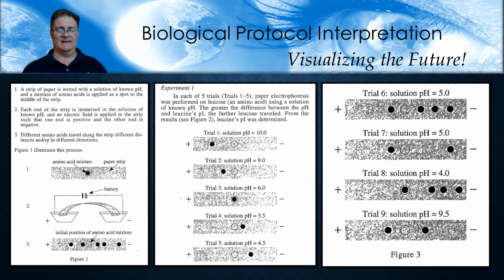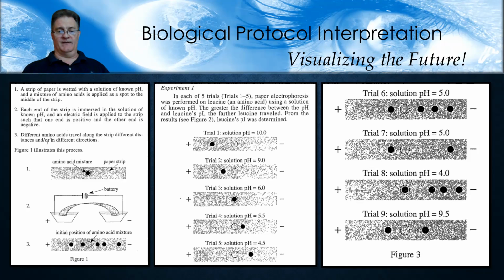That's the overall idea. Just keeping with that very basic idea, they're going to perform a series of experiments to get a better idea about the amino acids and some more information about them. Looking at the figure in the middle where it says experiment 1, notice this experiment is divided into 5 trials or 5 different experiments.